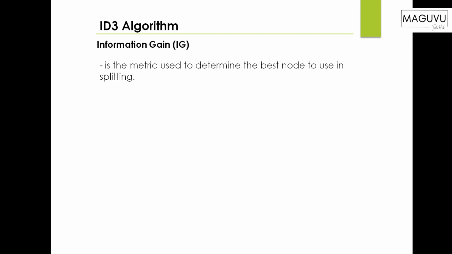When you're looking at information gain, it is basically a metric used to determine the best node to use in the splitting. And we use entropy to measure information gain.